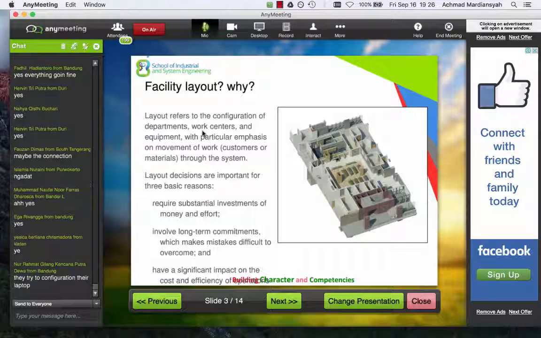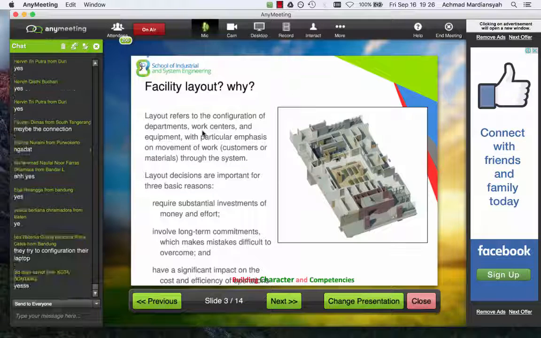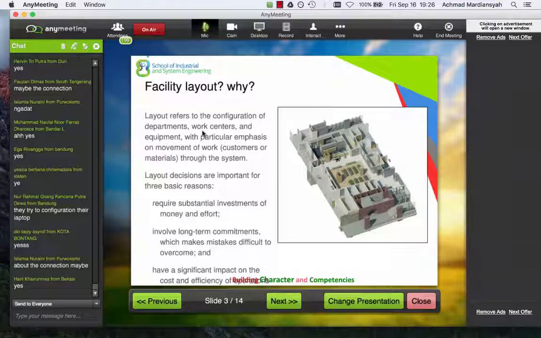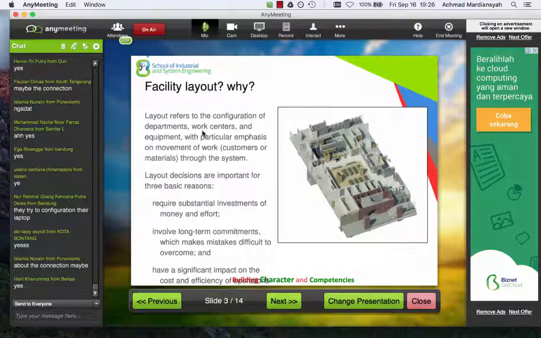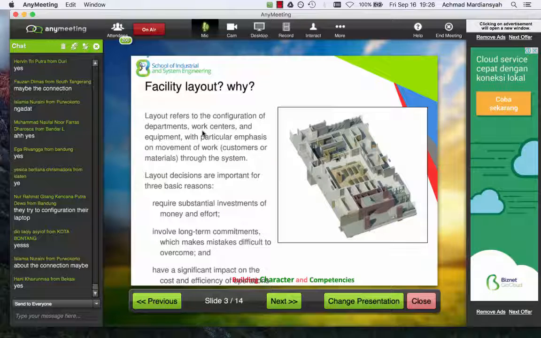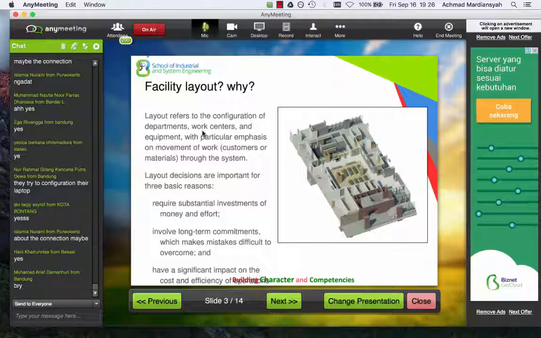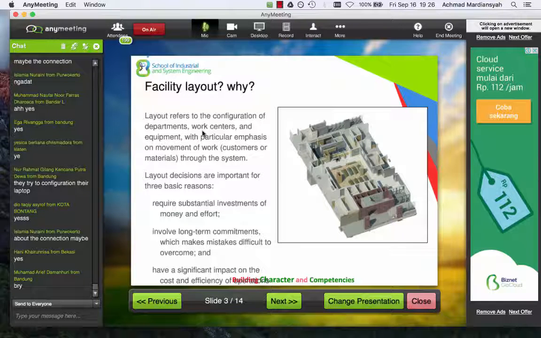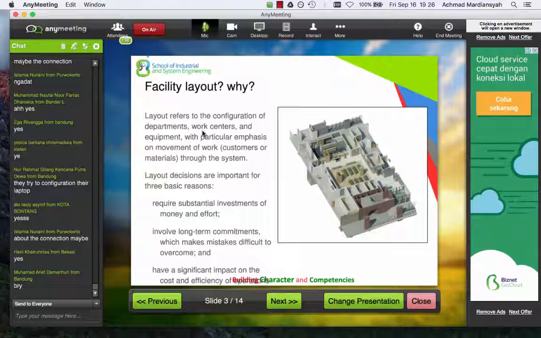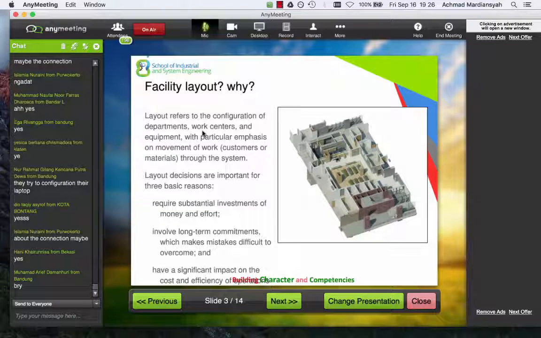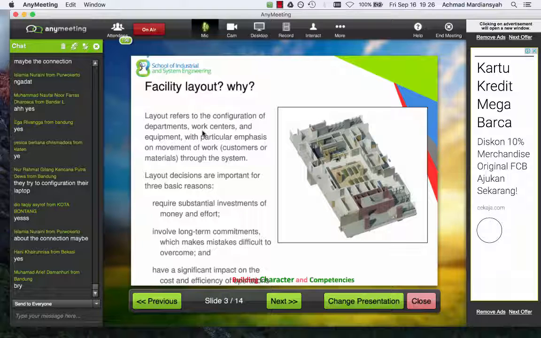As you can see in the previous meeting, we talked about productivity and the production system. One thing that affects the production system is the workstation itself, and the layout really has an impact. If you have a really messy layout, you will not be as productive as if the layout is arranged neatly.